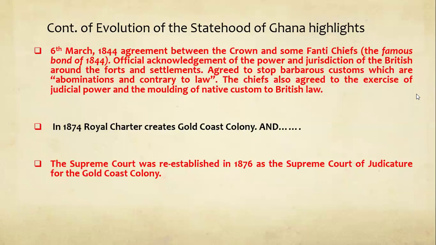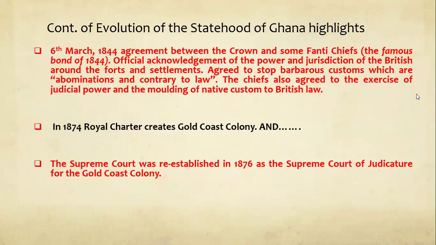Now, the Supreme Court was established in 1876 as the Supreme Court of Judicature for the Gold Coast Colony. As we speak now, Her Ladyship, the Chief Justice, has set up a committee, of which yours truly is part.